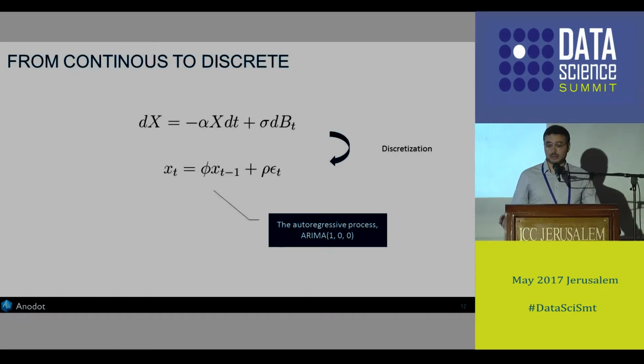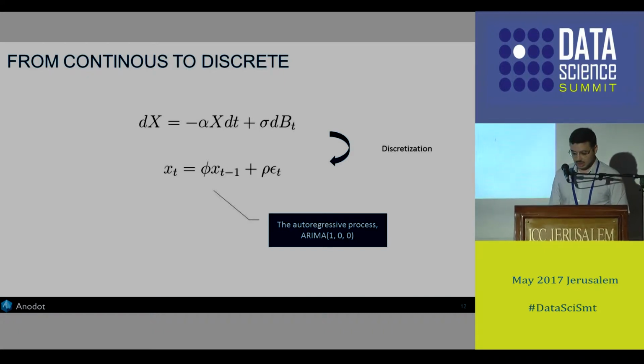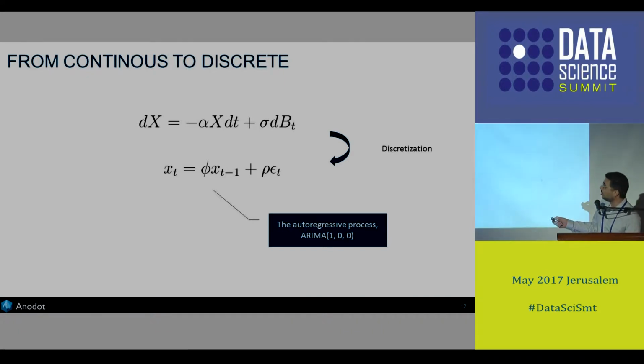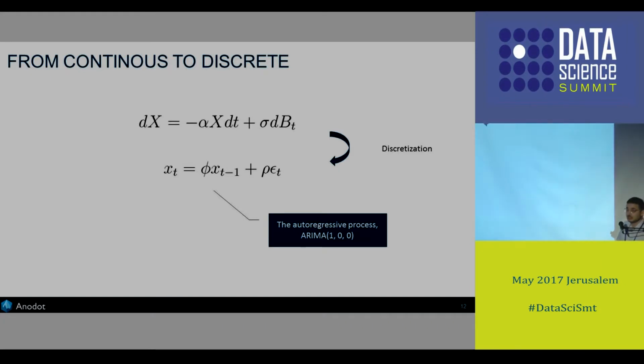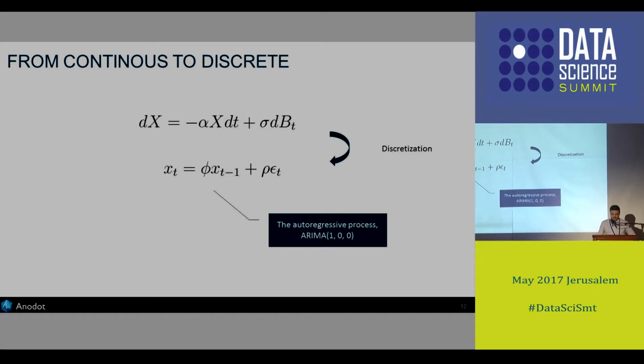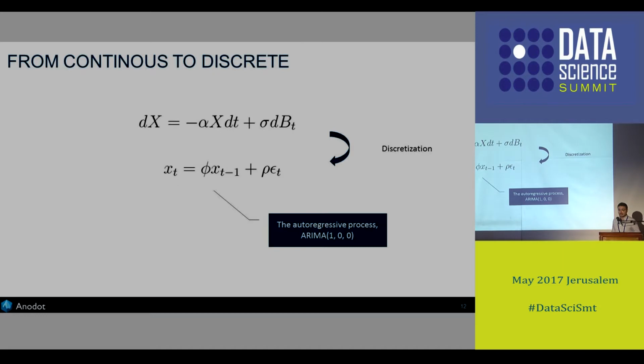Okay, so first, I said we will need to discretize our model. The idea of discretizing is just replacing the continuous difference with the discrete difference, and the increment of the Brownian motion is going to be just a random noise. So now, what is this model? We have this simple equation that we will put in a computer for simulation.